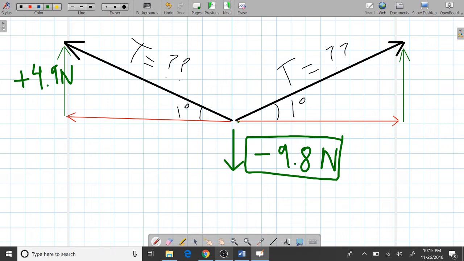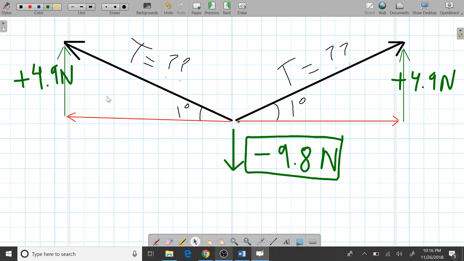And this force over here must also be positive 4.9 newtons. The reason you know that is because if we're in static equilibrium, our forces must balance in the y direction. So 4.9 plus 4.9 gives us a positive 9.8. The positive 9.8 balances out with a negative 9.8 newtons. So that's how you knew each of these forces here was 4.9.